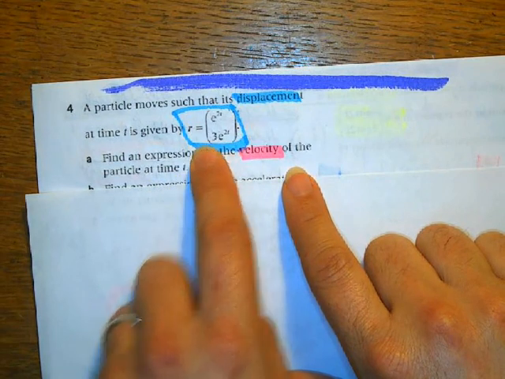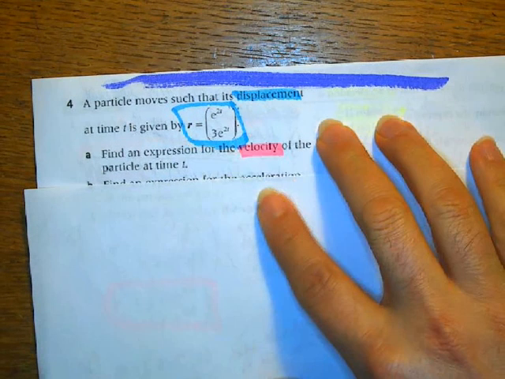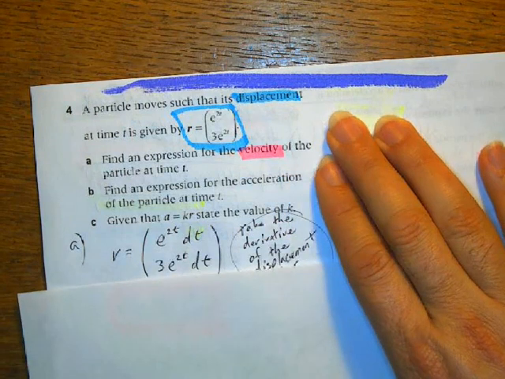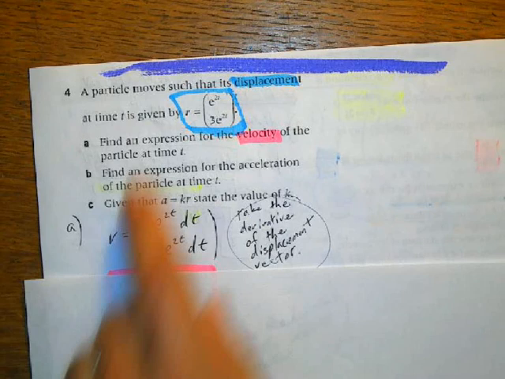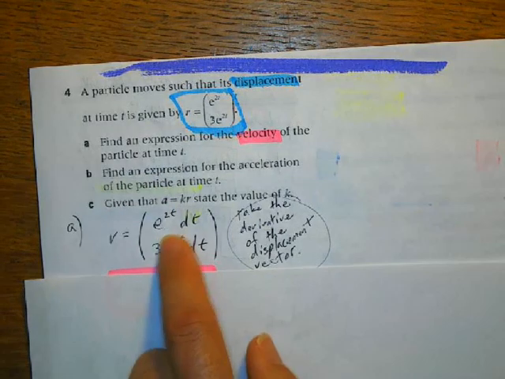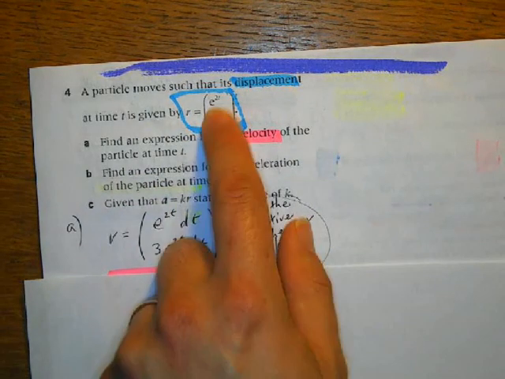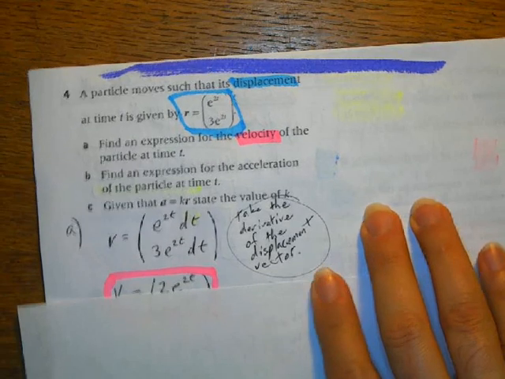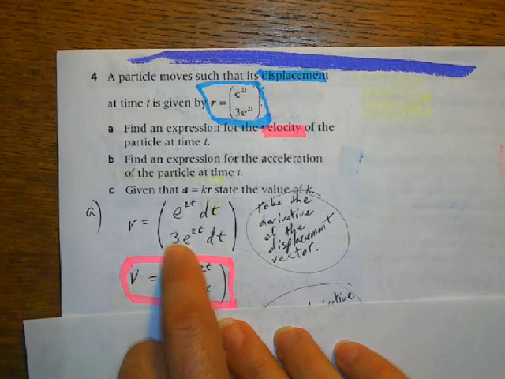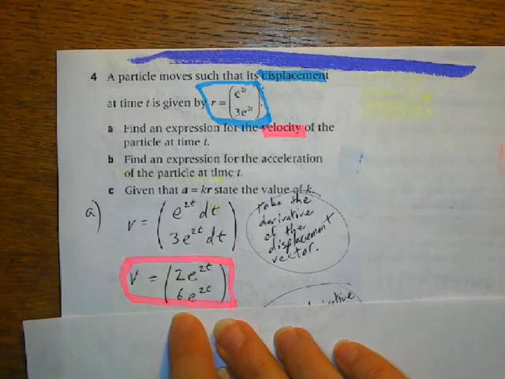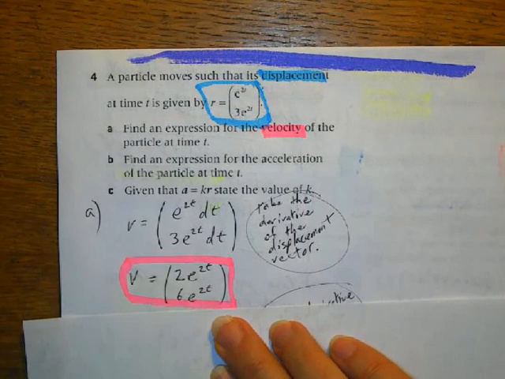So to figure out the velocity, we need to take the derivative of our displacement location. So the derivative of e to the 2t is equal to 2e to the 2t, and the derivative of 3e to the 2t is 6e to the 2t. There is my velocity expression.